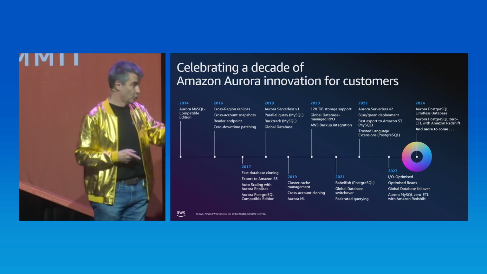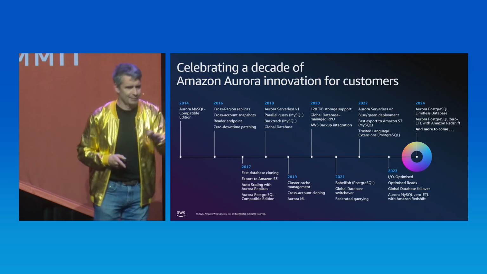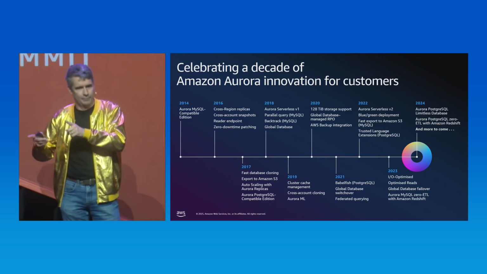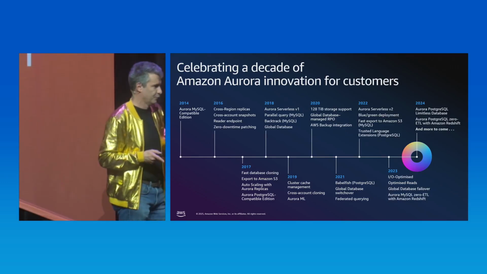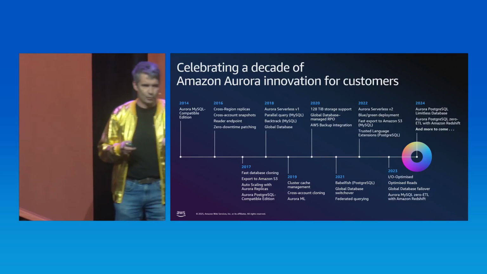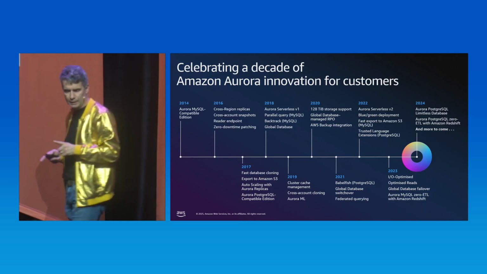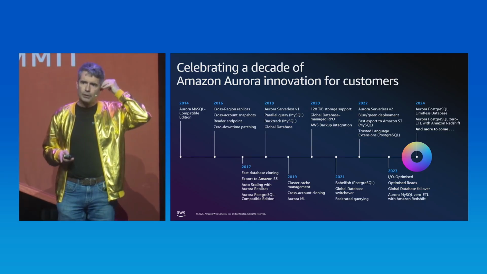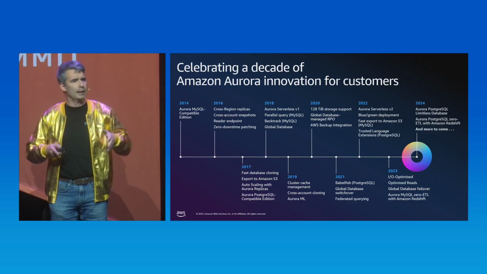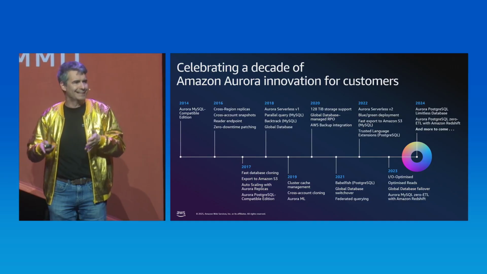2018 we had serverless, the first version of it. Very important because guess what? DSQL is serverless. We also had global databases for the first time. Again, very important because DSQL will be a global database. 2020 we saw something really interesting, namely that our storage was increased to 128 terabytes.